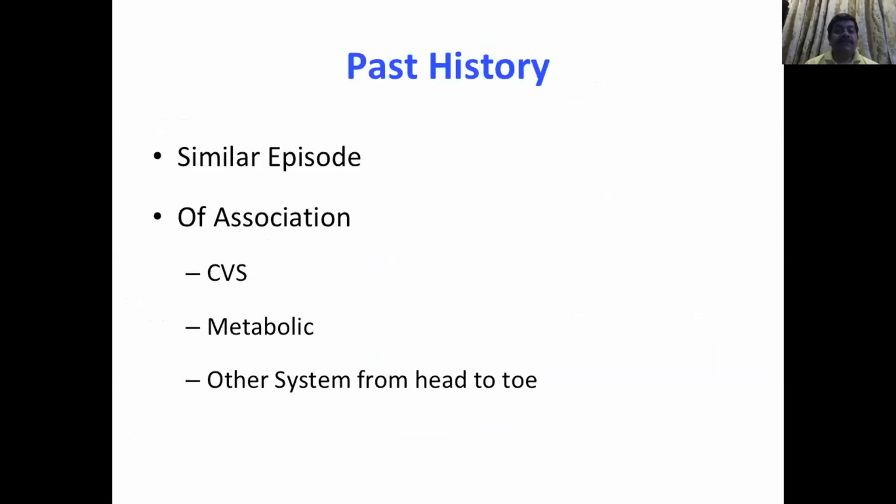Next comes the past history. You want to know about similar episodes of these symptoms in the past. You want to know any associations of other symptoms of other systems, whether CVS, respiratory, or abdominal, and you can just in your mind look for symptoms from head to toe and ask the patient if they might have an association with your presenting complaint.